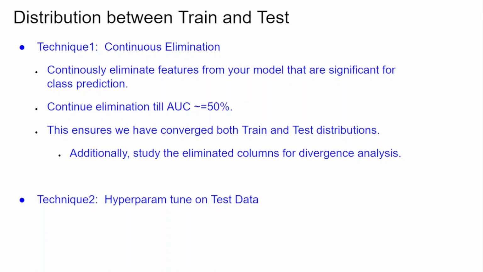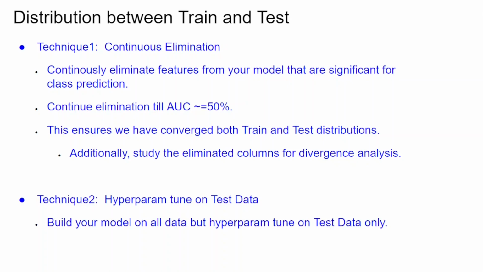Now I'm going to just do hyperparameter tuning right on my test data only, not on the validation data set, not on the training data set. And really then start to see what it is that your test set is so much craving for this model to perform better.